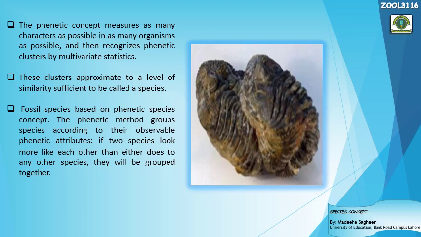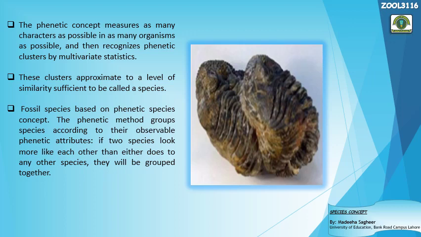They use modern statistical techniques. It's not like the manual method where you take just a single character and observe just a single character. For example, you are observing the skin structure of two or more organisms. It's not like that. With multivariate methods, it takes as many characters as possible.